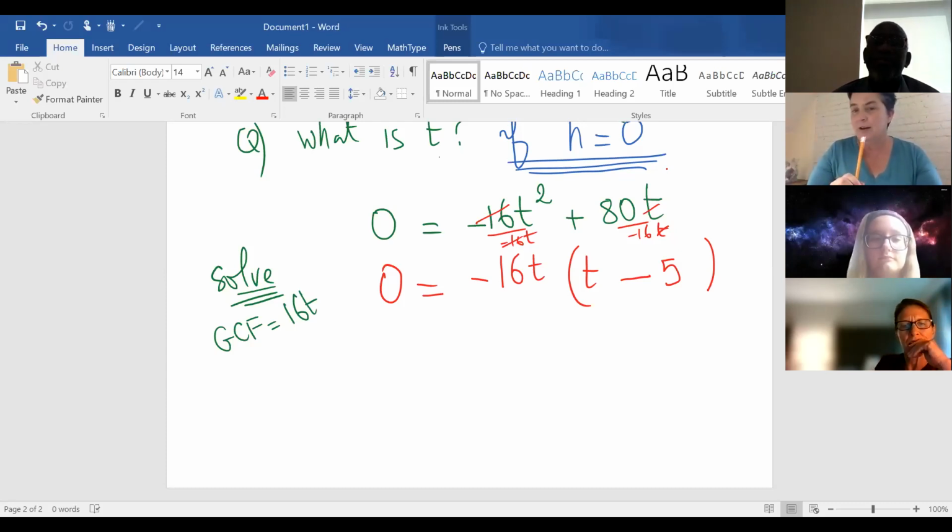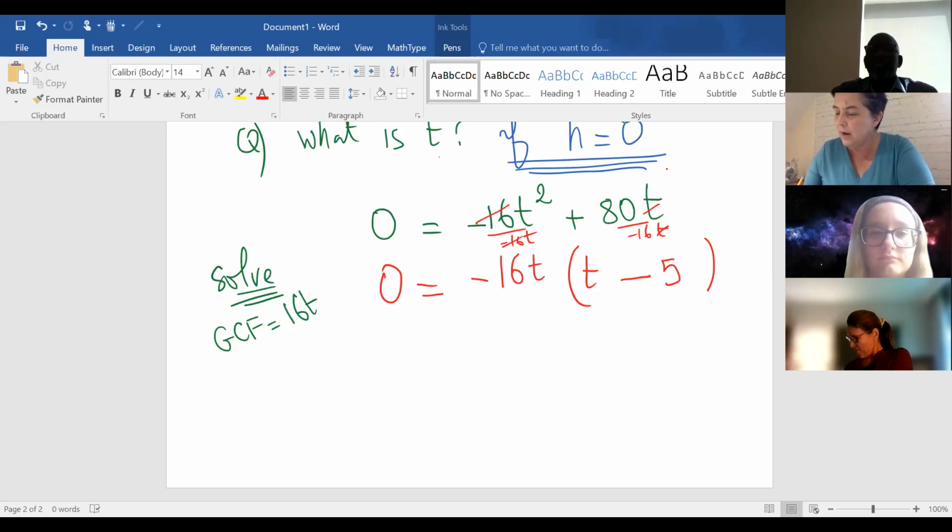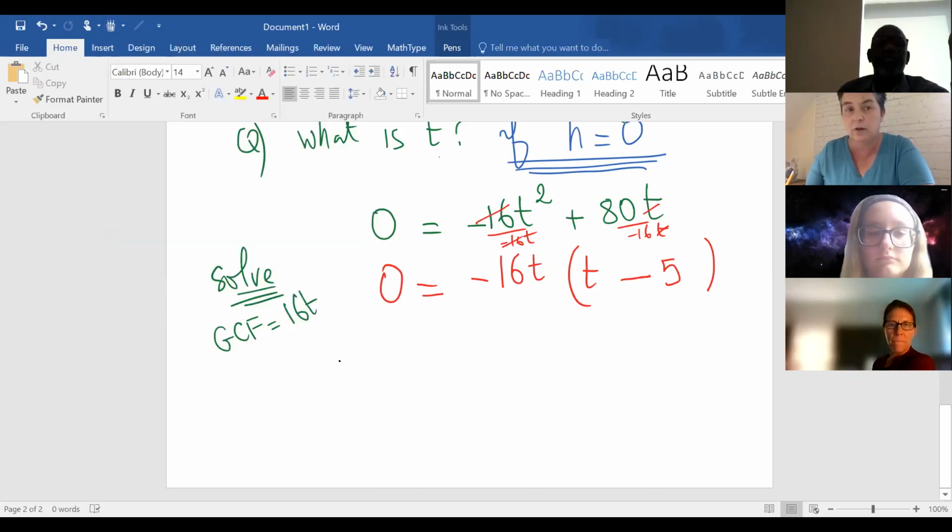I'm not 100% sure about mine, but I did negative 16t equals 0, or t minus 5 equals 0, so t equals 5. I divided negative 16 by negative 16.